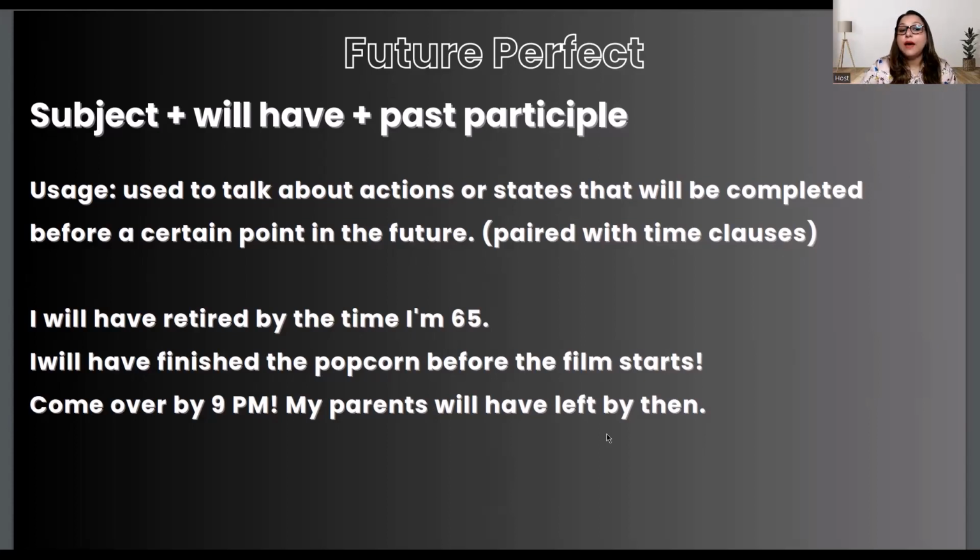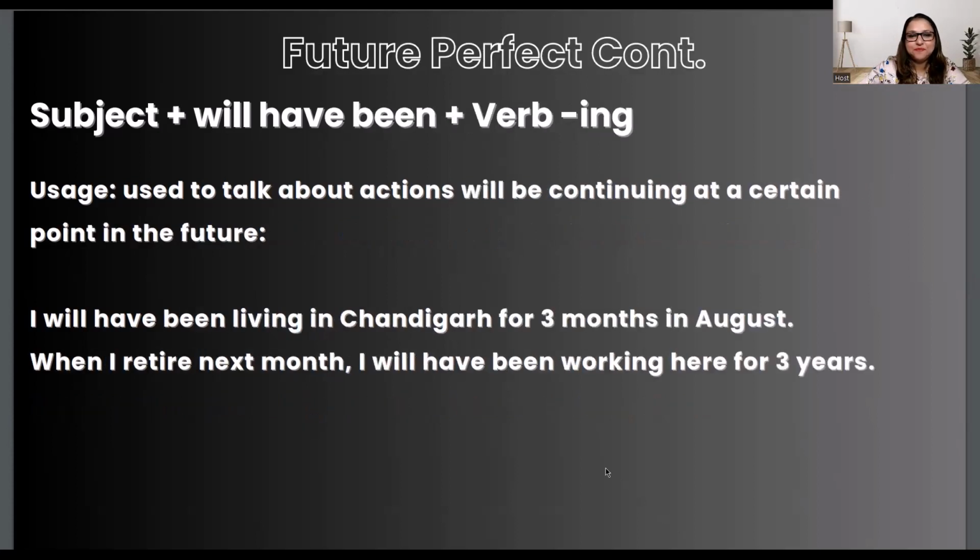I will have retired by the time I'm 65, by the time. I will have finished the popcorn before the film starts, before. That is a time clause. Come over by 9 p.m. My parents will have left by then. Okay, so that is future perfect.